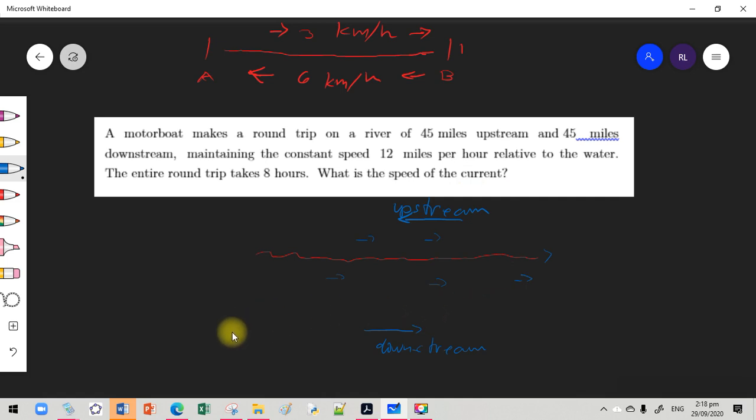Suppose your speed is, let's say, 10 miles per hour, and there is already a speed of the current which is 2 miles per hour.